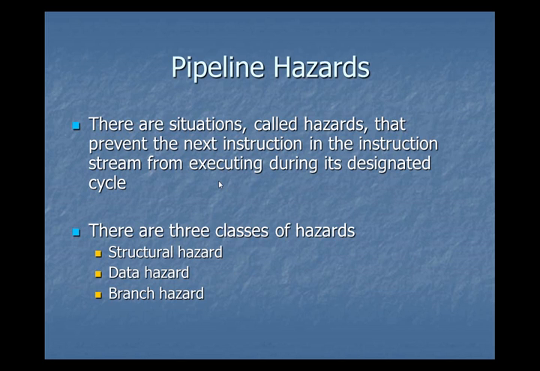So this says there are situations, known as hazards, that prevent the next instruction in the instruction stream from executing during its designated cycle. These are the disturbing elements that prevent the next instruction in the instruction stream.